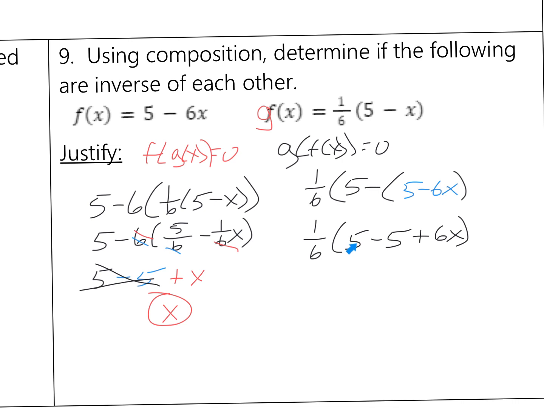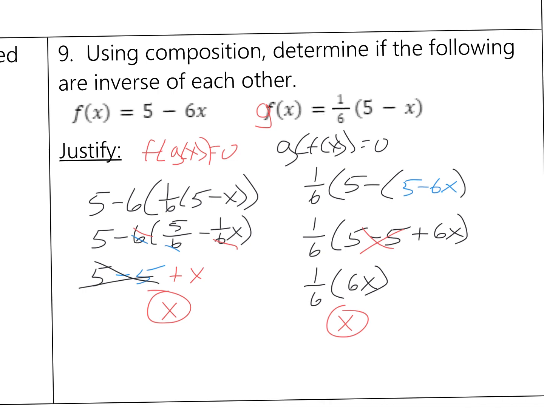Well, inside the parentheses here, 5 minus 5 cancels each other out. And what we have left is 1/6 times 6x. Okay, when we multiply 1/6 times 6, we get 1. And we have an x in here, so the answer is 1x. So you can see here that we have proven that both of these are inverses of each other, because when we use composition, we show that they both equal x.